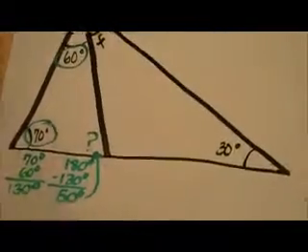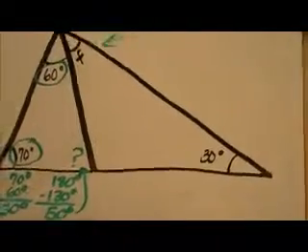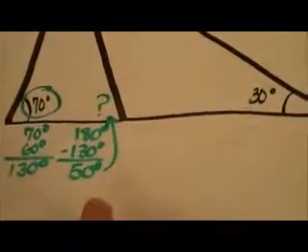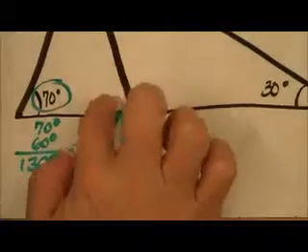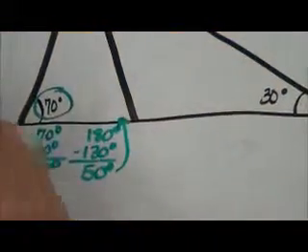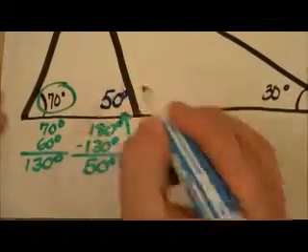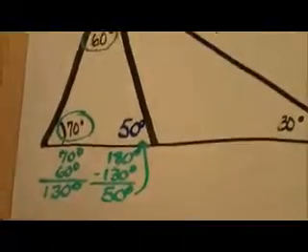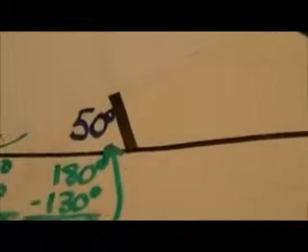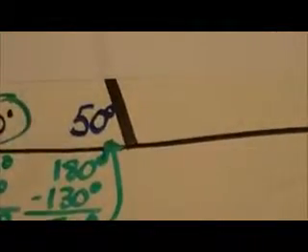Now I'm going to go on to part 2. Now that I know this is 50 degrees, I'm going to mark it as 50 degrees. Now I'm going to use my piece of paper again to mark off what I'm going to focus on next.